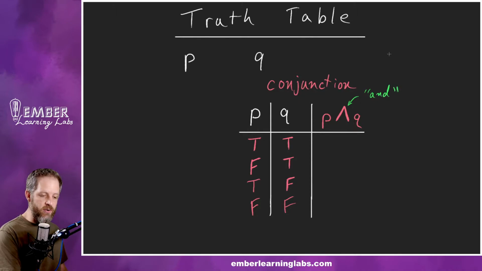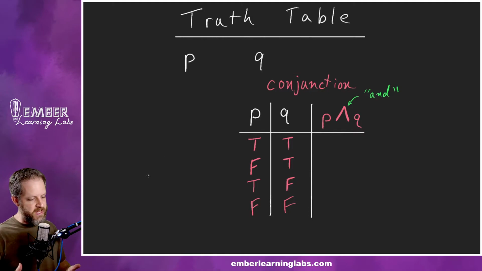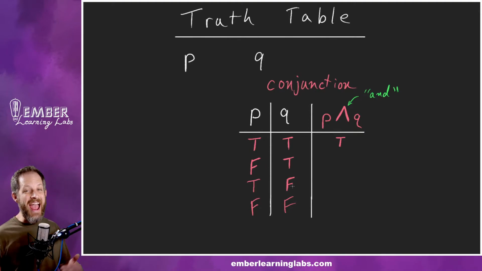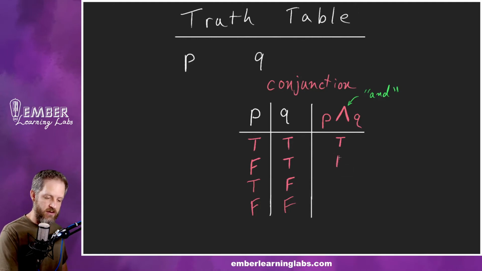So an "and," or a conjunction, only comes out as a true statement if, when we put the two statements together, they are both true. So if P is true and Q is true, then P and Q is true. If P is false and Q is false, then P and Q doesn't work, so it's false.